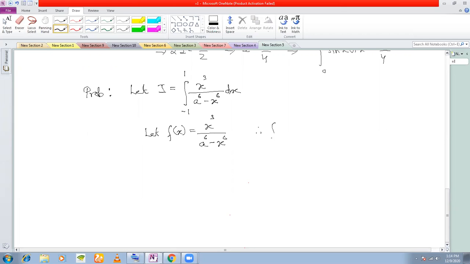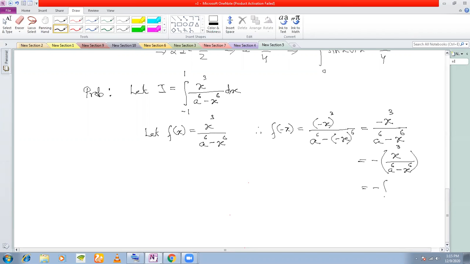Therefore, what should be f(minus x)? f(minus x) will become minus x whole cube, which is minus x cube, divided by e to the power of 6 minus x to the power of 6, since a minus raised to an even power will give you x to the power of 6 only. So you're getting minus x cube by e to the power of 6 minus x to the power of 6. That means you're getting minus f(x).